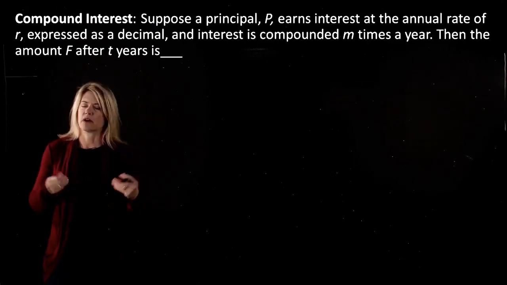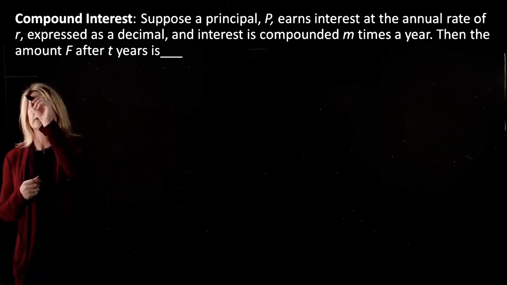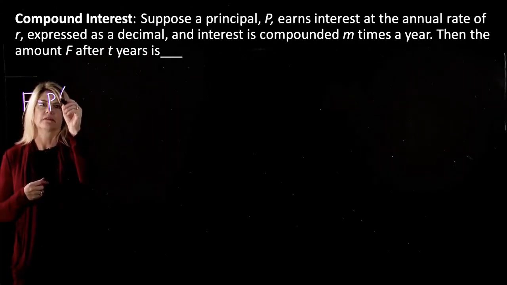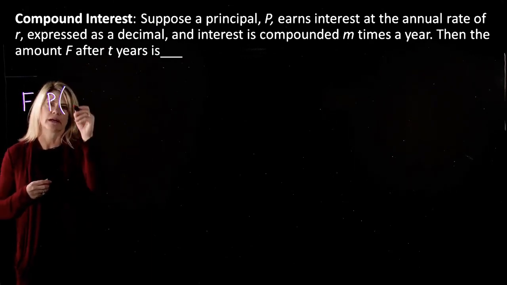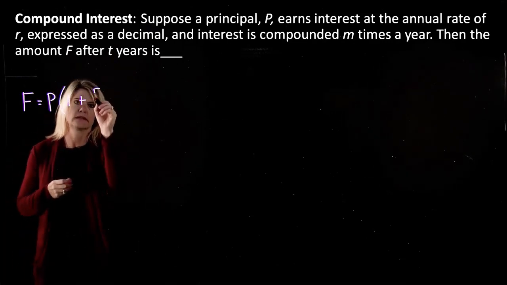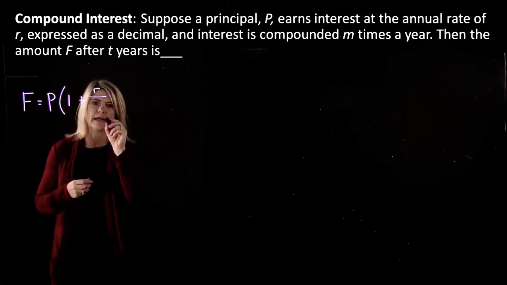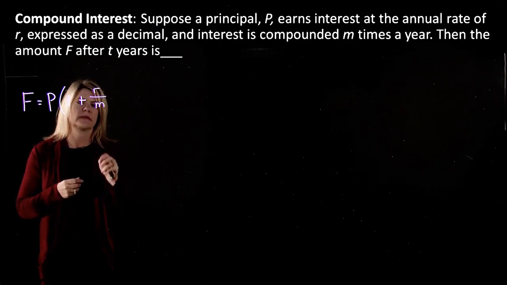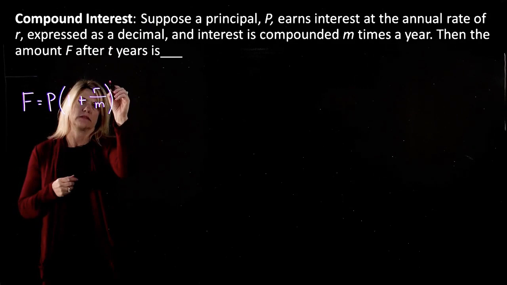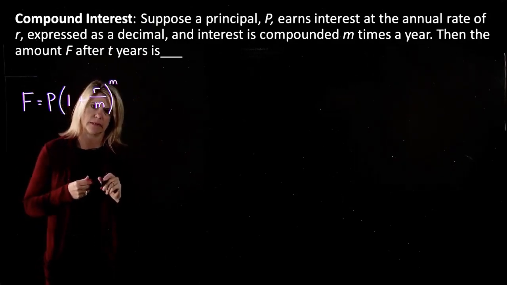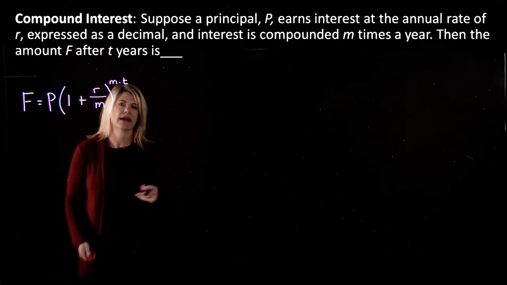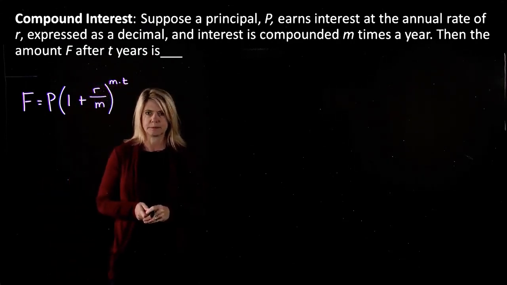Then the amount F, or our future value, after T years, is going to be F equals P, which is the amount you deposit, the initial deposit, times 1 plus R, your interest rate as a decimal, divided by M. M is the number of times that it's compounded per year. And this is raised to M times T, where T is the amount of years that you have the money in that particular account.